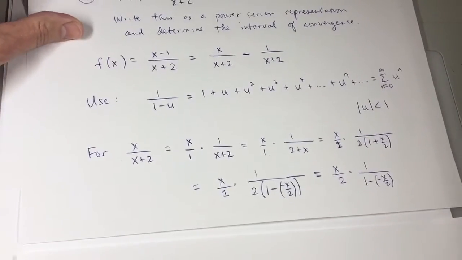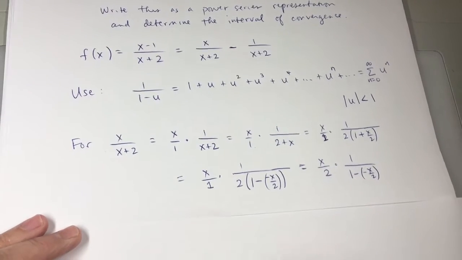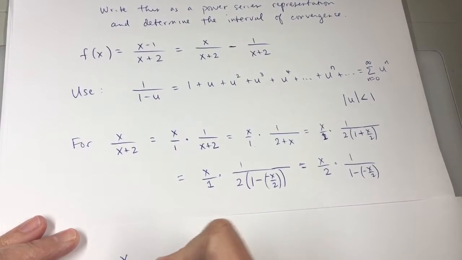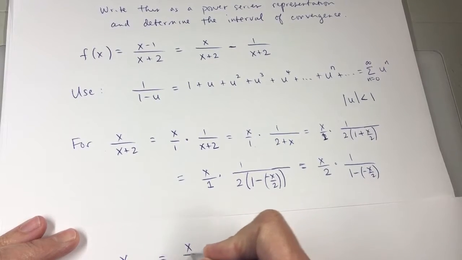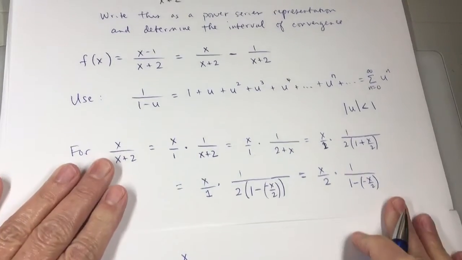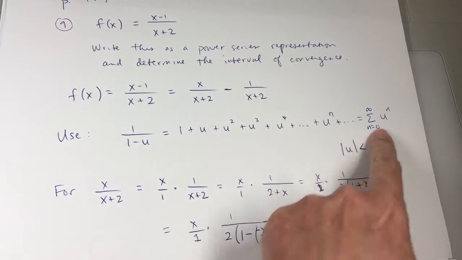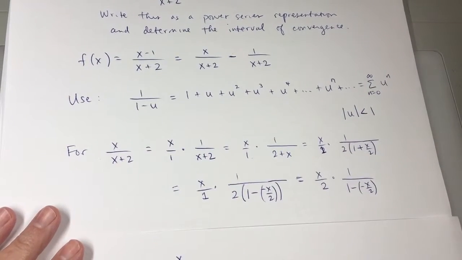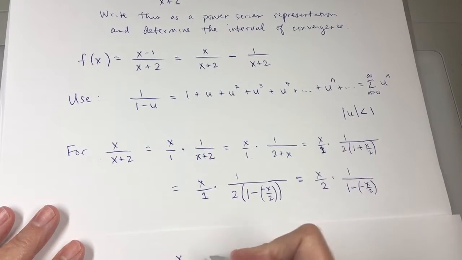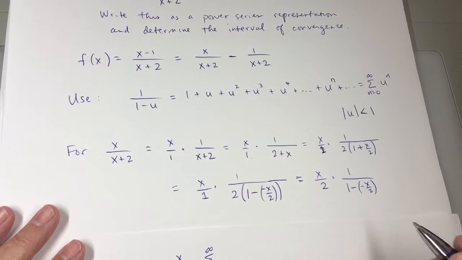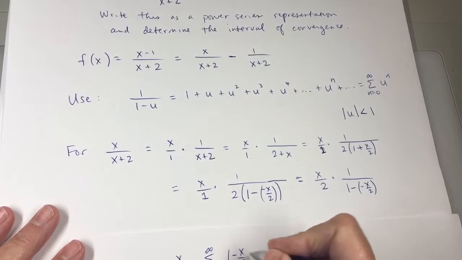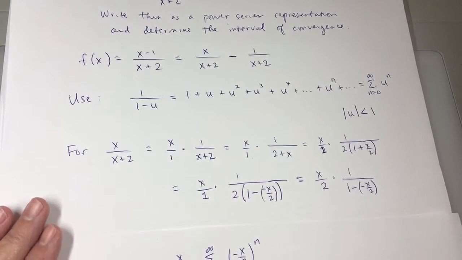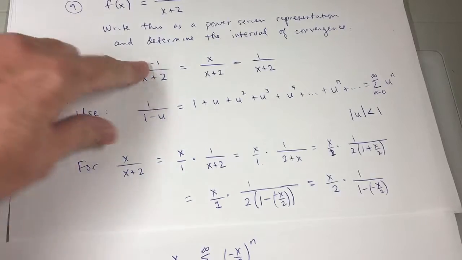Negative x over 2. So for x over x plus 2, that would be x over 2, and all I really need to do is substitute negative x over 2 in for u. So this would be x over 2 times the sum, as n goes from 0 to infinity, of u to the n, but u is negative x over 2, so that's that to the n. So that's the first part right here.